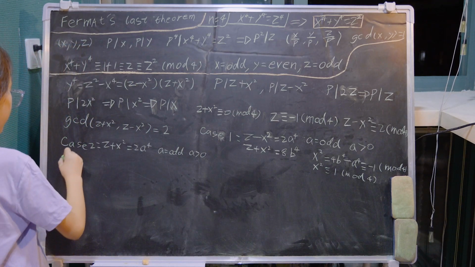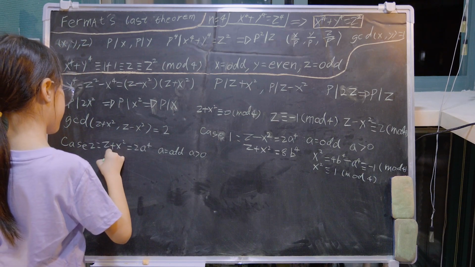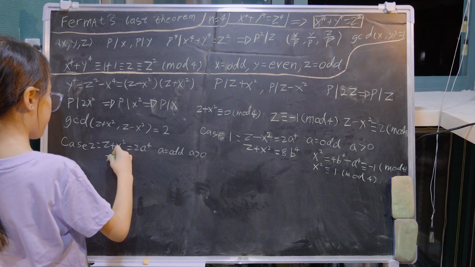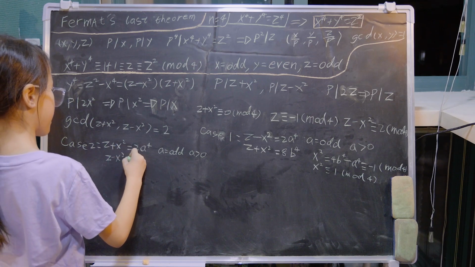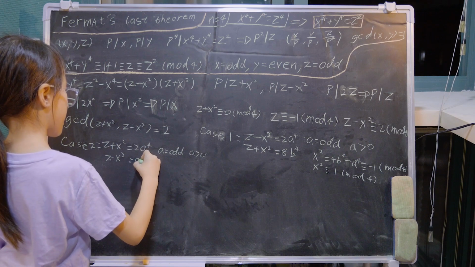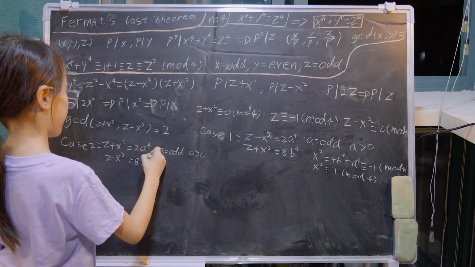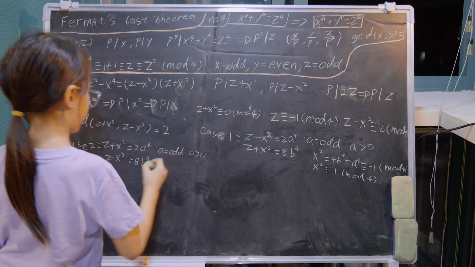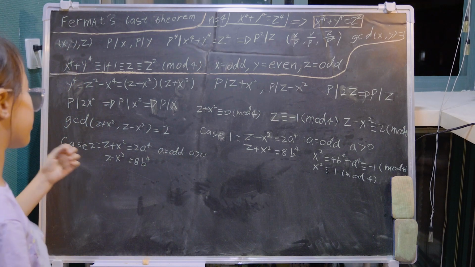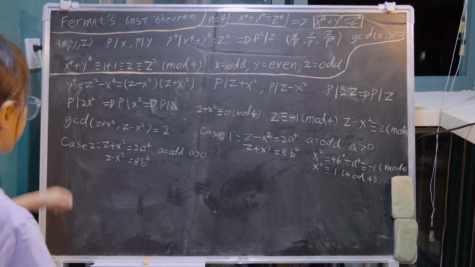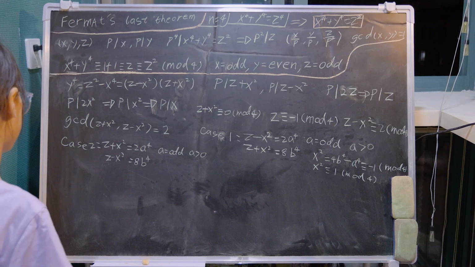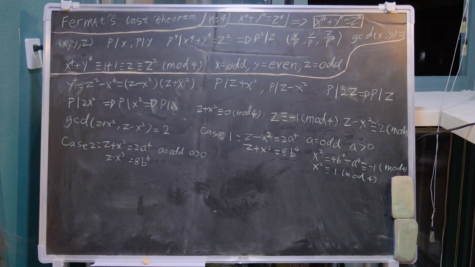And z minus x to the 2 is equal to 8b to the 4. And right, so this is case 2. Case 2 didn't create a contradiction, so let's keep going on.